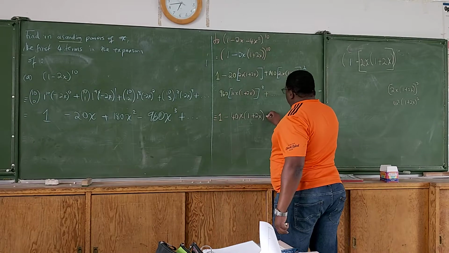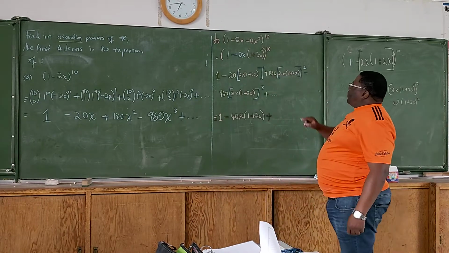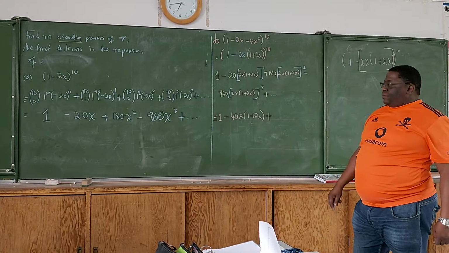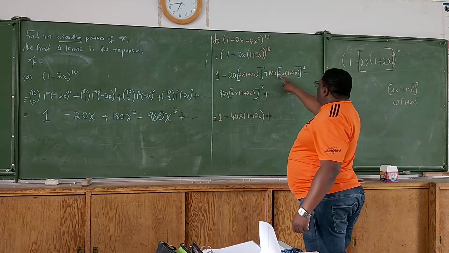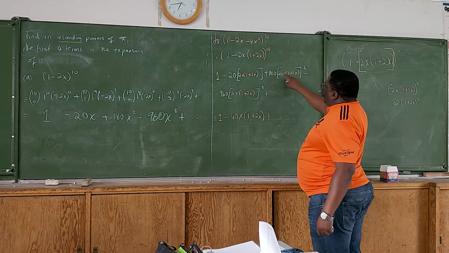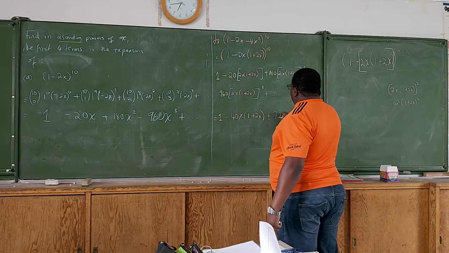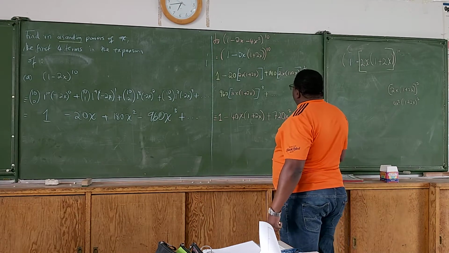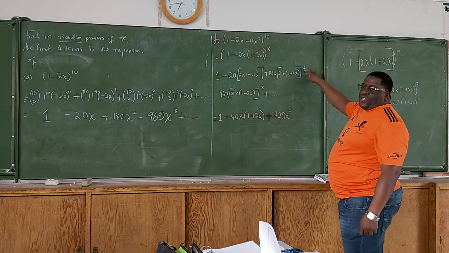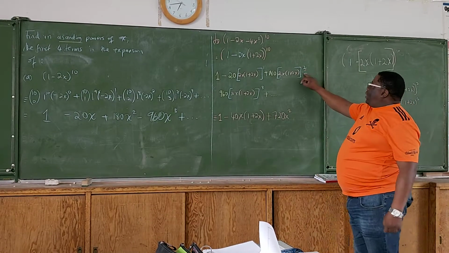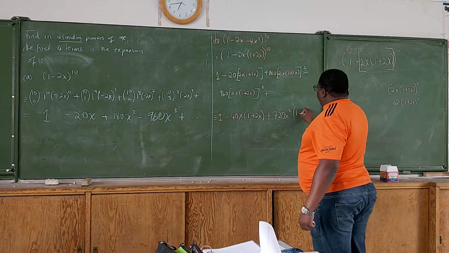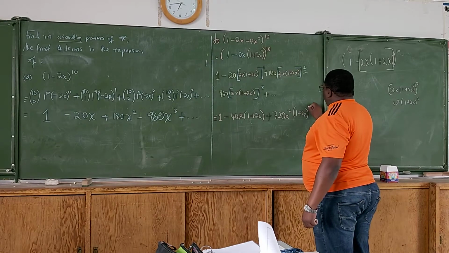Then plus, what is 180 times 2x? 2x, 180 times 2, I mean 4x. 180 times 4x squared? 720x squared. That is 2x raised to the power of 2. You get it? And then we bring in that bracket 1 plus 2x and we square.